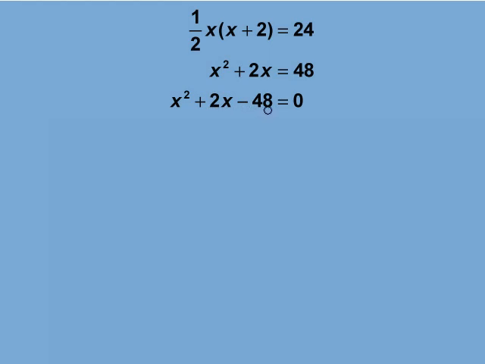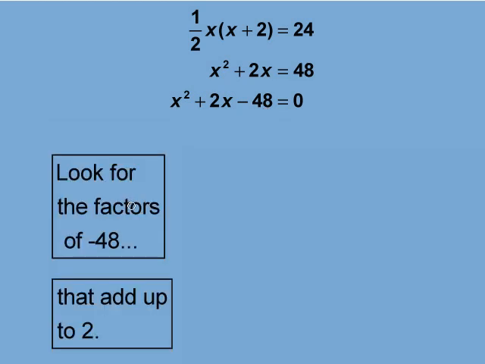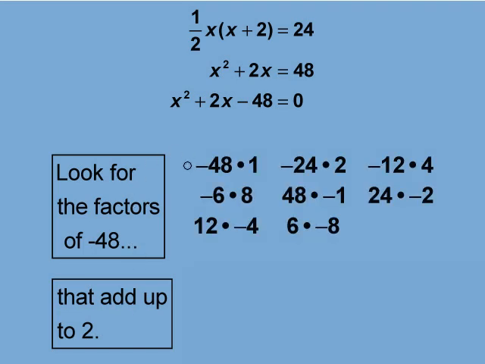Can we factor this quadratic? If so, we need to find the factors of -48 that add up to 2. There are 8 possibilities for the factors of 48. All of these factor pairs result in a product of -48. But only one pair has a sum equal to 2, and that's -6 and 8.